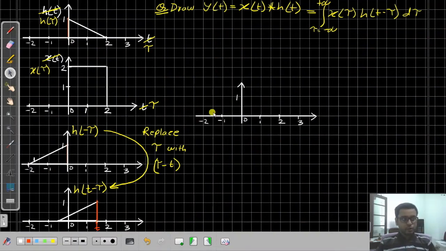Let me do the multiplication here. So I am going to draw x(tau) h(t minus tau) as a function of tau.